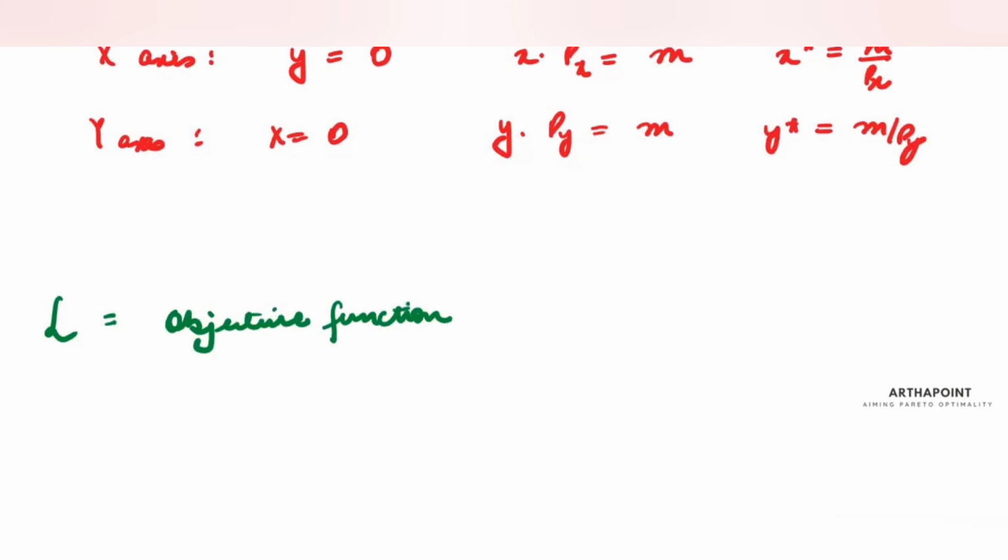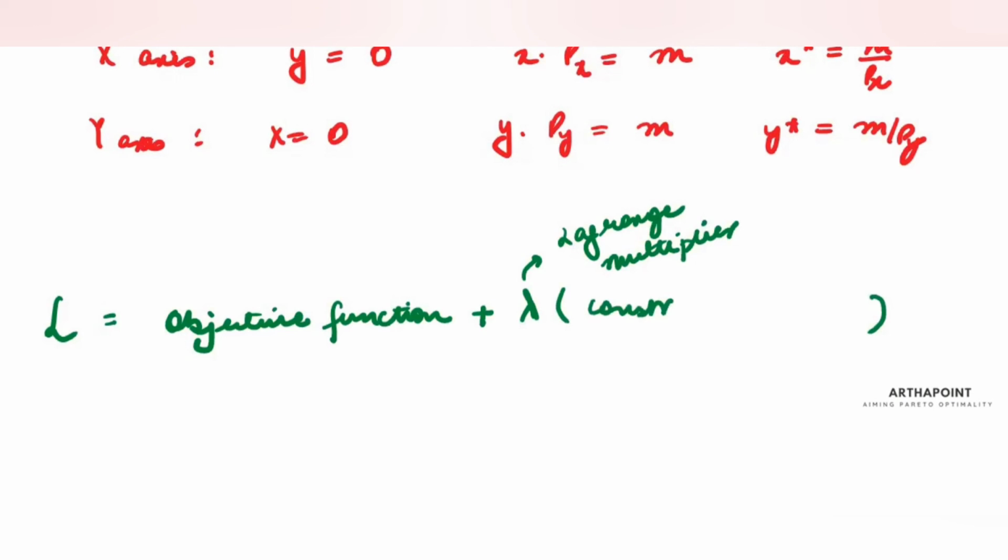Plus, you write a lambda here. This lambda is called Lagrange multiplier. And here you write your constraint. And the Lagrange is formed.